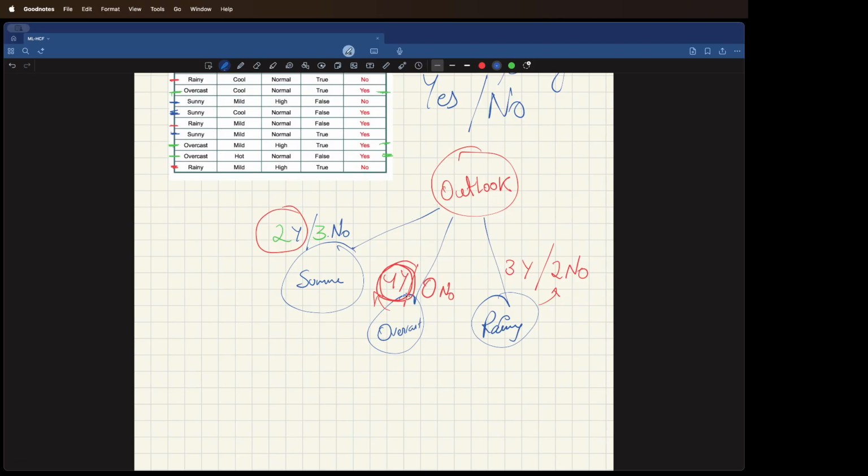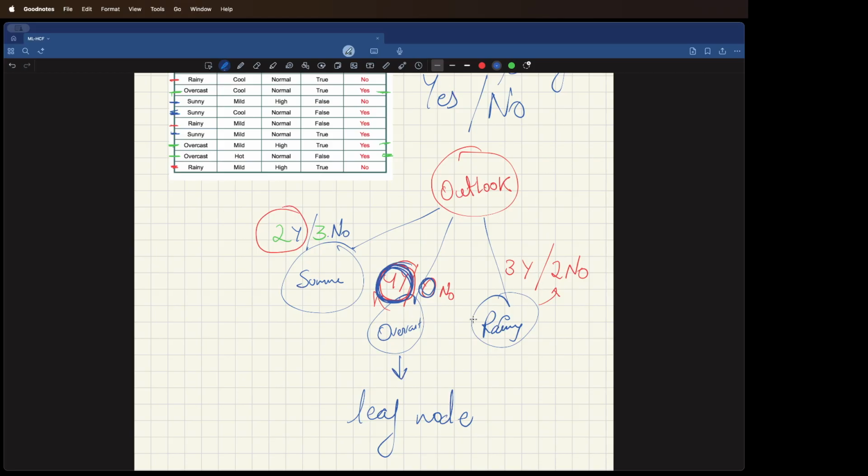Whenever 100% of the work is done, for example in overcast he went, zero no's, like the condition was 100% true, that we count as a leaf node. Each time it has to be yes.